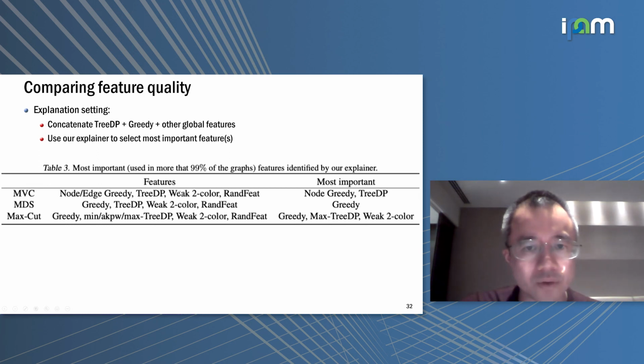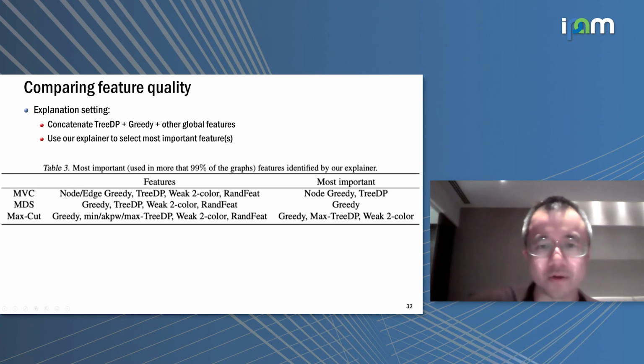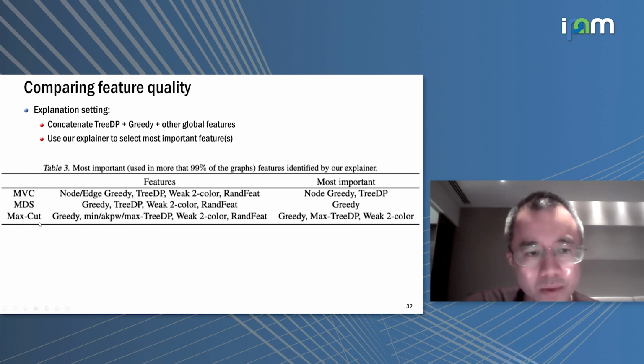And we also have a weak two coloring as some kind of the solution of the weak two coloring problem, and augment that solution to the node feature, also random feature. So the explainer is actually able to pick out the node greedy and tree dynamic programming is the most important kind of feature to use to augment the graph, such that you can learn a better graph algorithm. So for other problems, you will find that different type of node feature, augment feature are important.